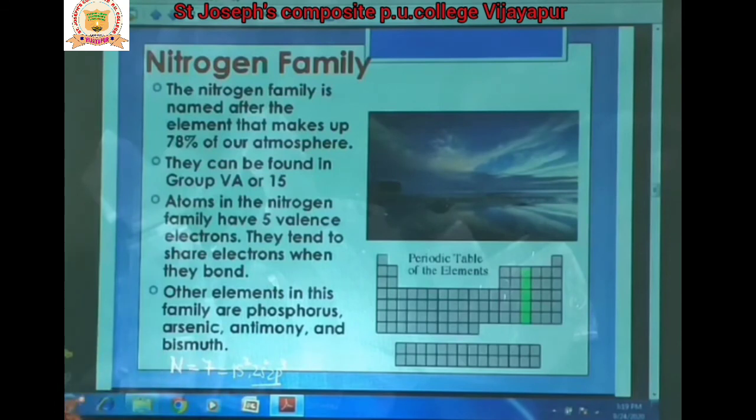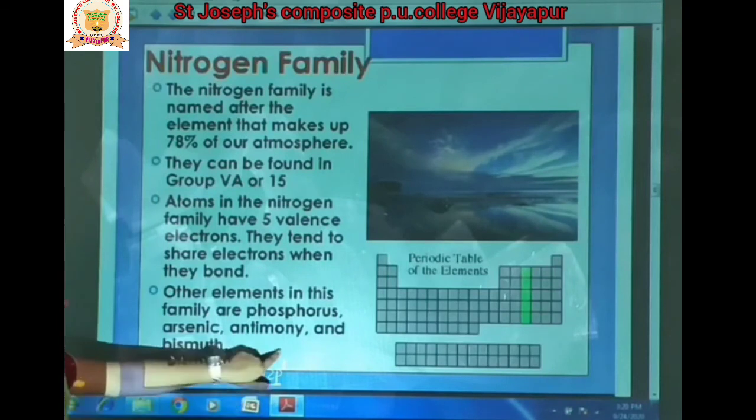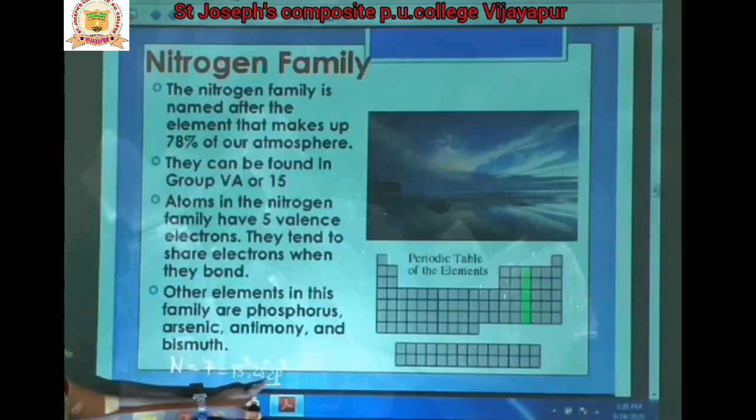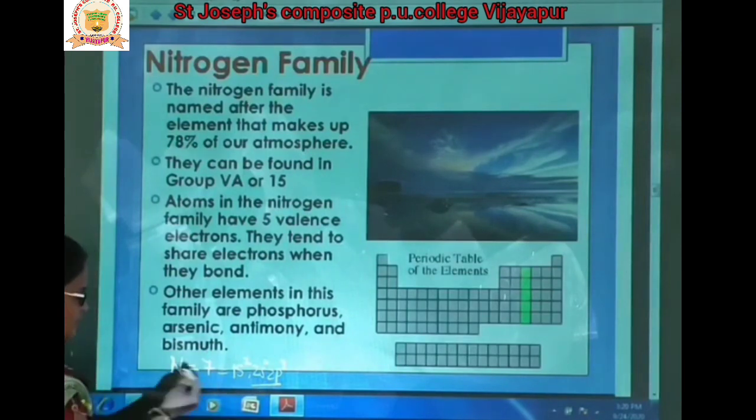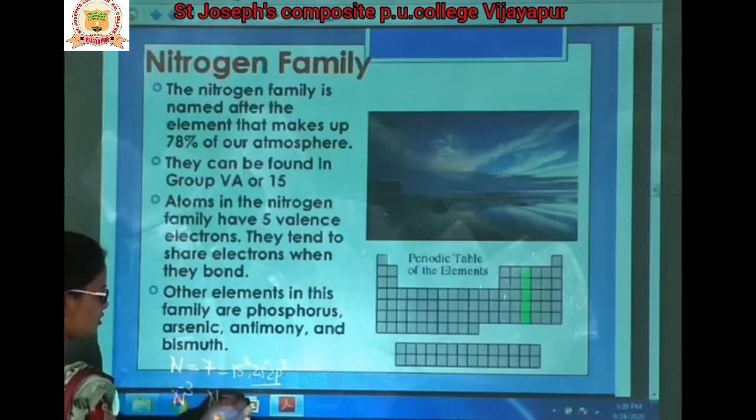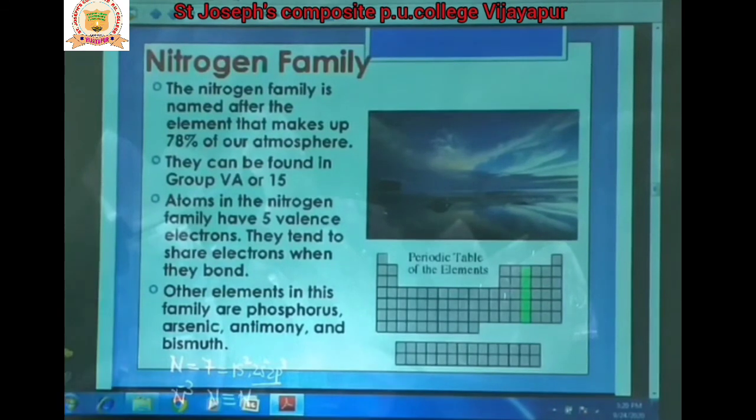In order to complete its octet, when this nitrogen becomes stable, the last valence shell attains octet configuration. Octet means 8 electrons. Here, to complete the 8 electrons or octet, it needs 3 electrons. So this nitrogen gains the 3 electrons, then it shows the valency of nitrogen is 3.